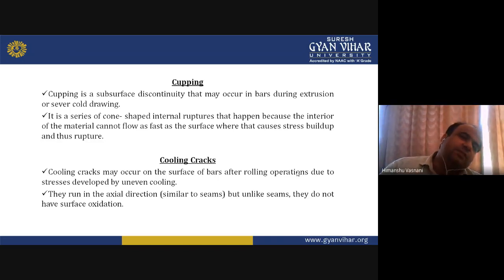If the stress keeps building up, then after some time it may lead to a rupture, which can be seen as cupping. Cupping means something in the interior is missing. Normally, in cold drawing or extrusion processes, this kind of error is found.